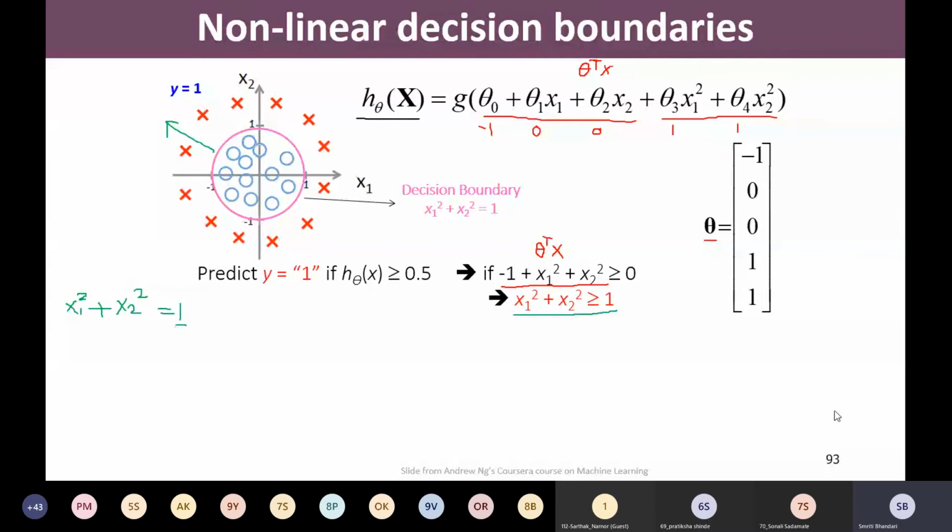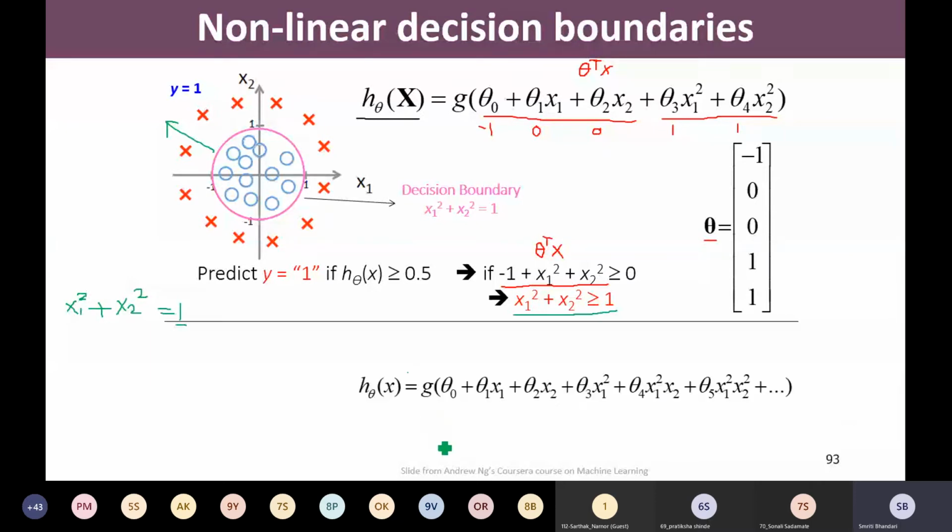And as against this, I'll say that my class is equal to 0 when exactly the opposite happens. So if x1 square plus x2 square is less than 1, then the class is equal to 0.